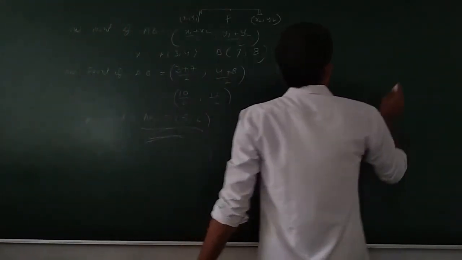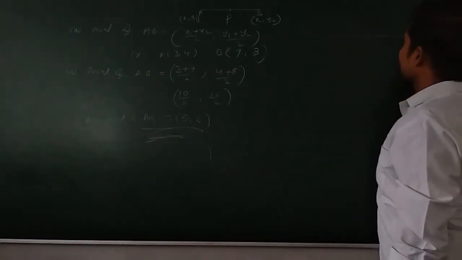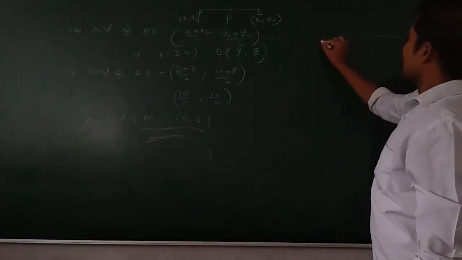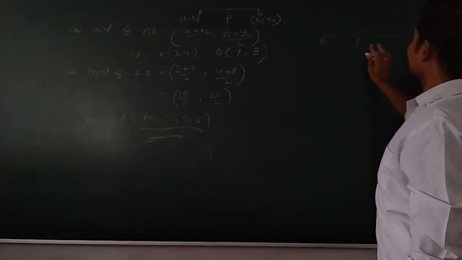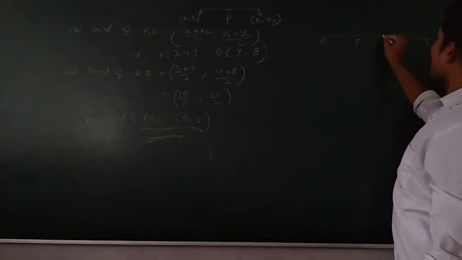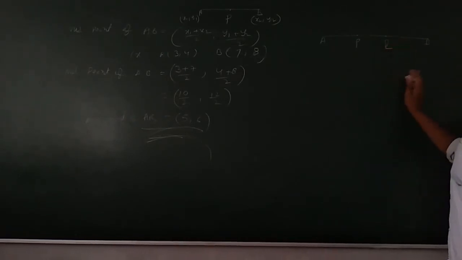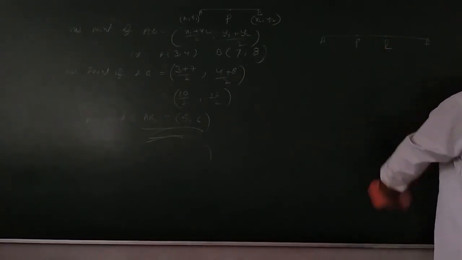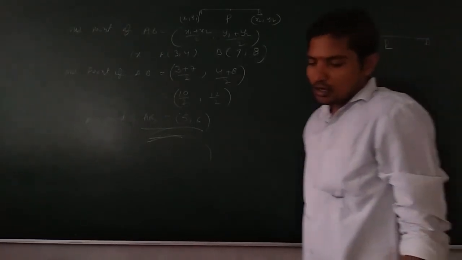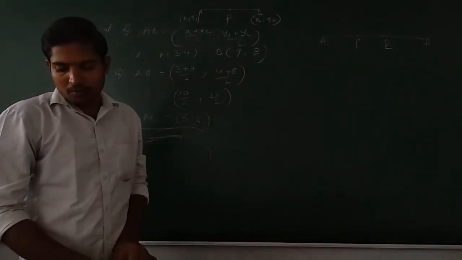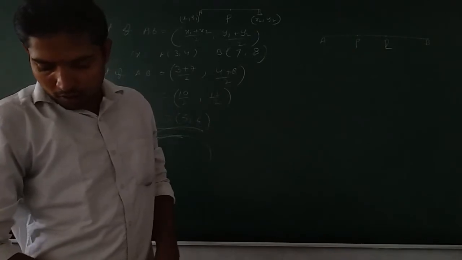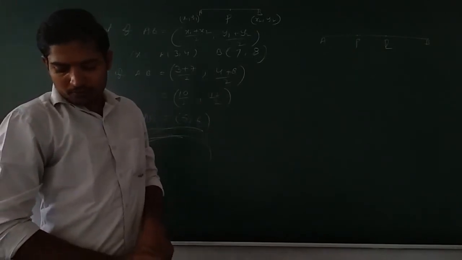Now, take a line segment AB, and take 2 points P, Q. AB is a line segment and P, Q are the 2 points.